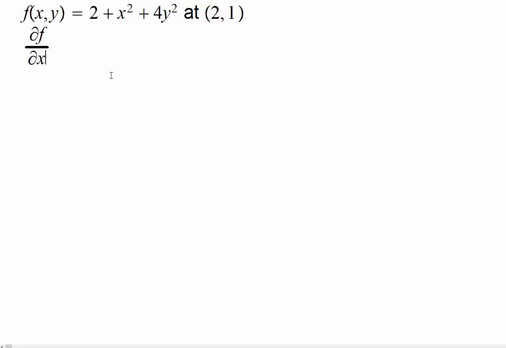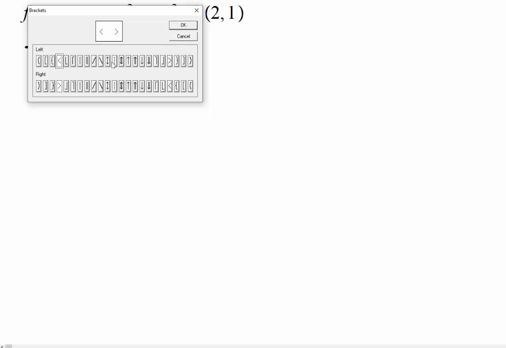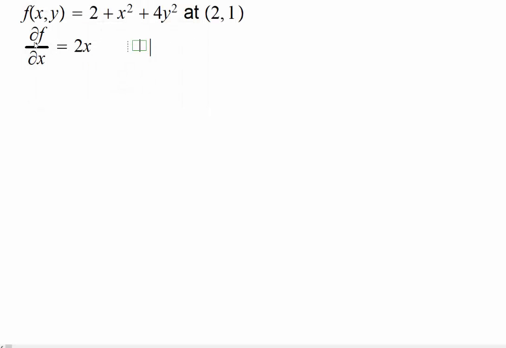So df dx, as you can see, is 2x here. So if we write this partial derivative at the point 2, 1, how much will that be? That will simply be 4, right?